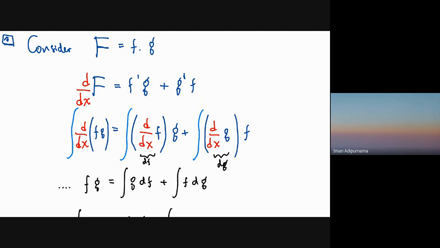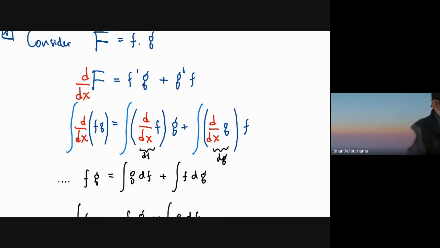So the first method you have is substitution, then integration by parts. And also, aside from substitution, you can try some guesses. You can also calculate faster with guesses.